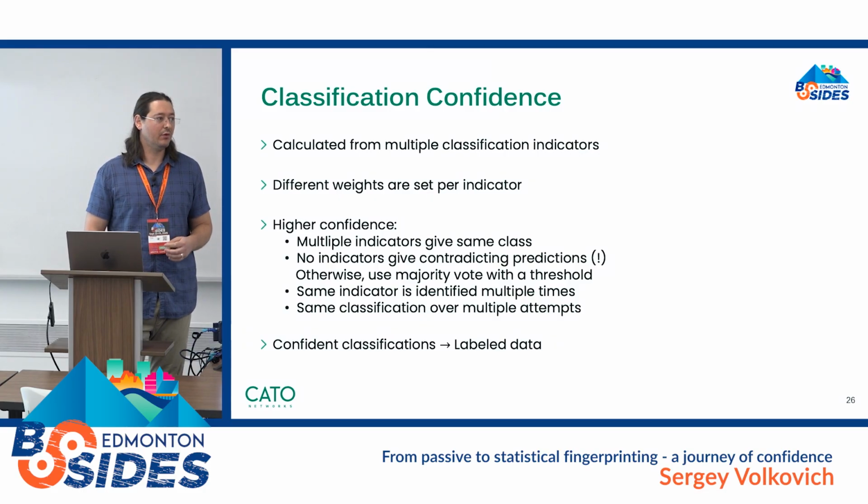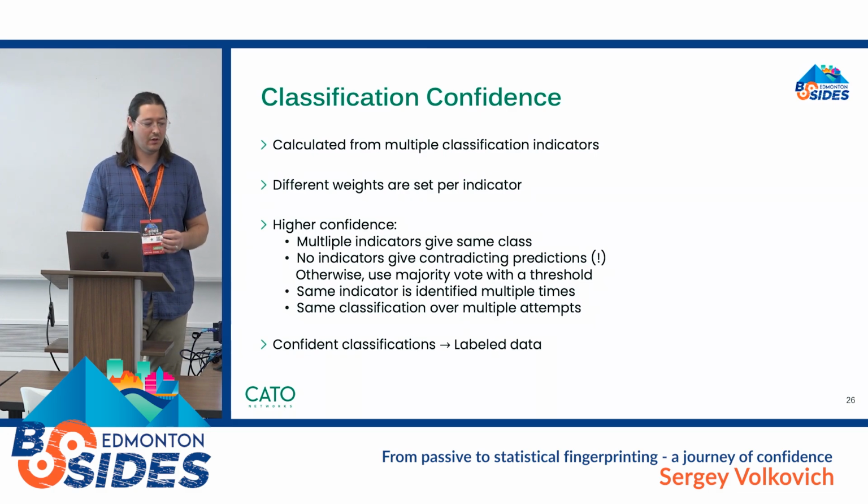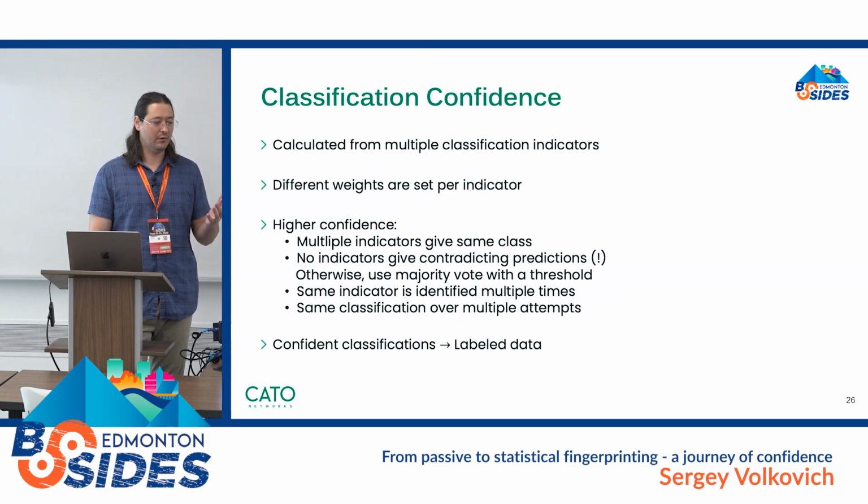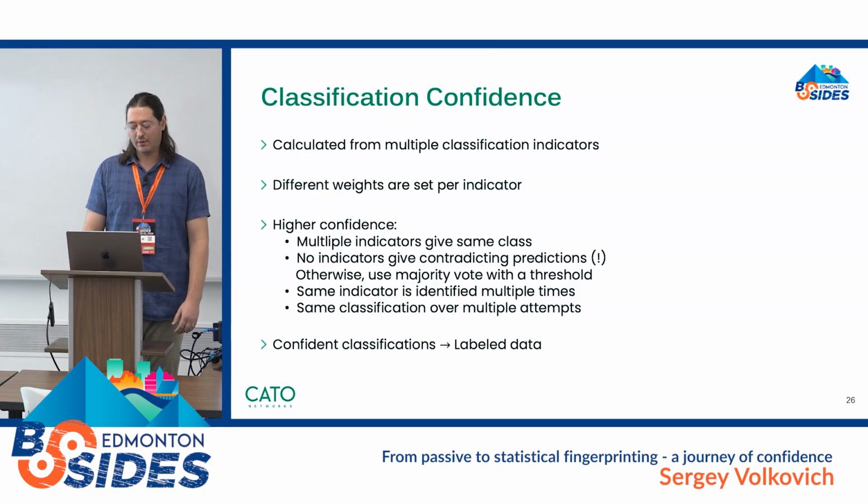If there are contradictions, we can obviously use some majority vote and set some threshold, like, for example, we will only finalize this classification if over 95% of the indicators give the same classification.